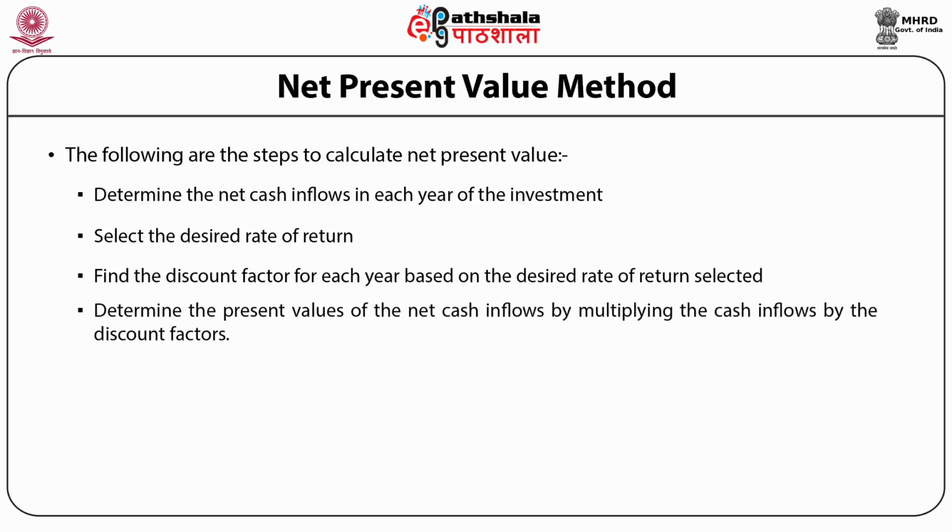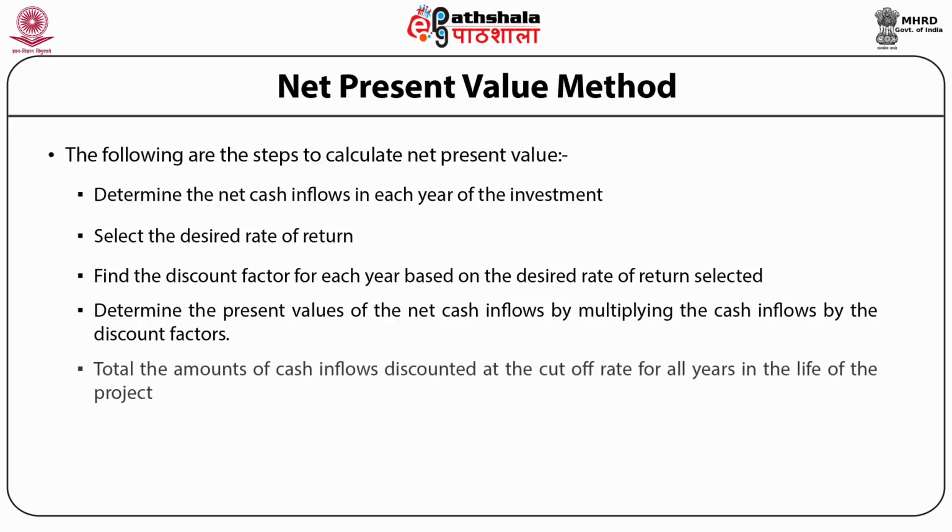Determine the present values of the net cash inflows by multiplying the cash inflows by the discount factors. Number 5. Total the amounts of cash inflows discounted at the cutoff rate for all years in the life of the project. And lastly, subtract the present value of initial capital investment.